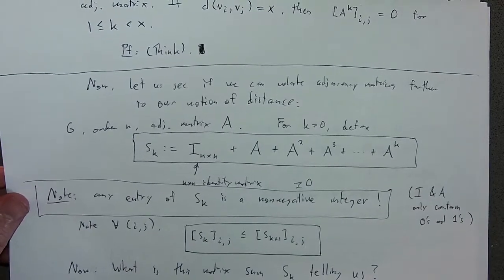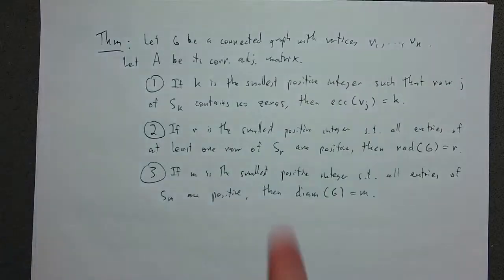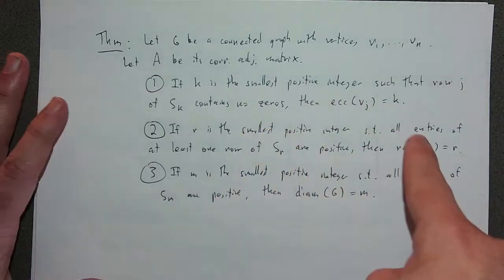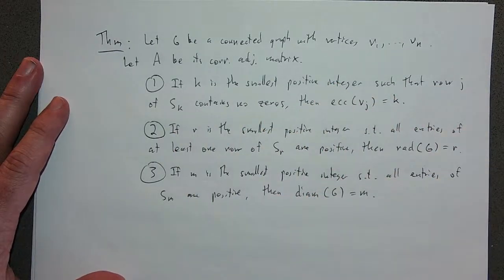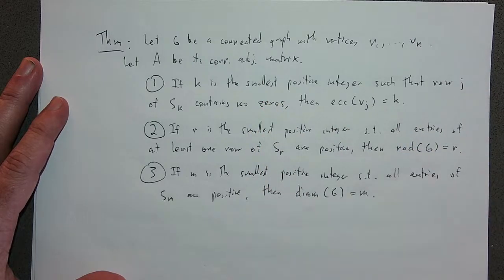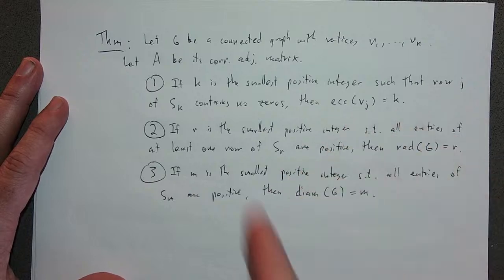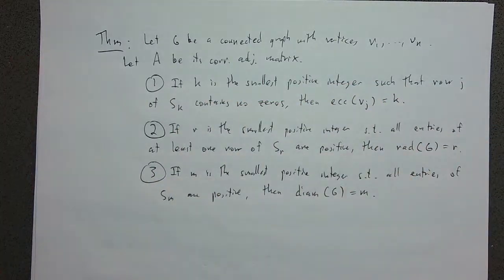That's why these need to be the smallest positive integers. Otherwise this would not be well defined, because the statement that the row contains no zeros would be true for K equals 5 billion, 50 trillion, and 50 trillion plus 1 as well. So you have to pick out the smallest positive integer that does each of these things.